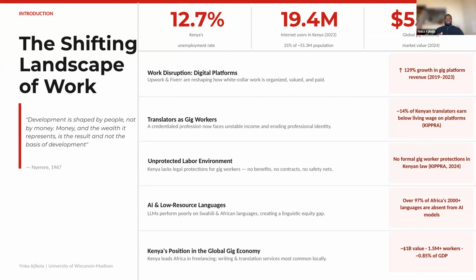But then, despite the rising platform revenues globally, many Kenyan gig workers still earn below the living wage. And so this shows that digital platforms do have the potential to contribute to development, but only when the economic structures ensure that the value reaches the people that produce it.